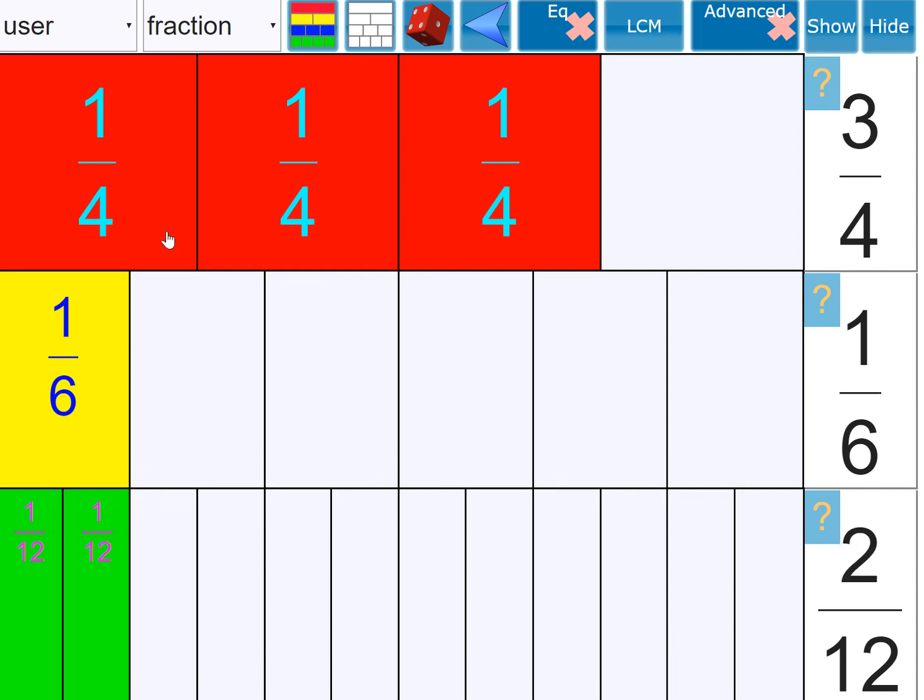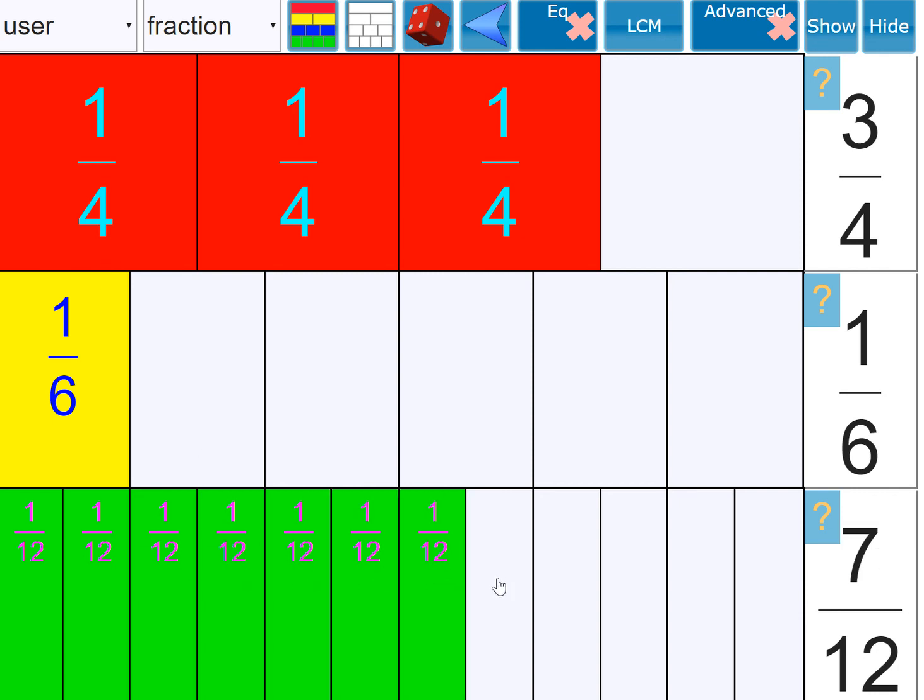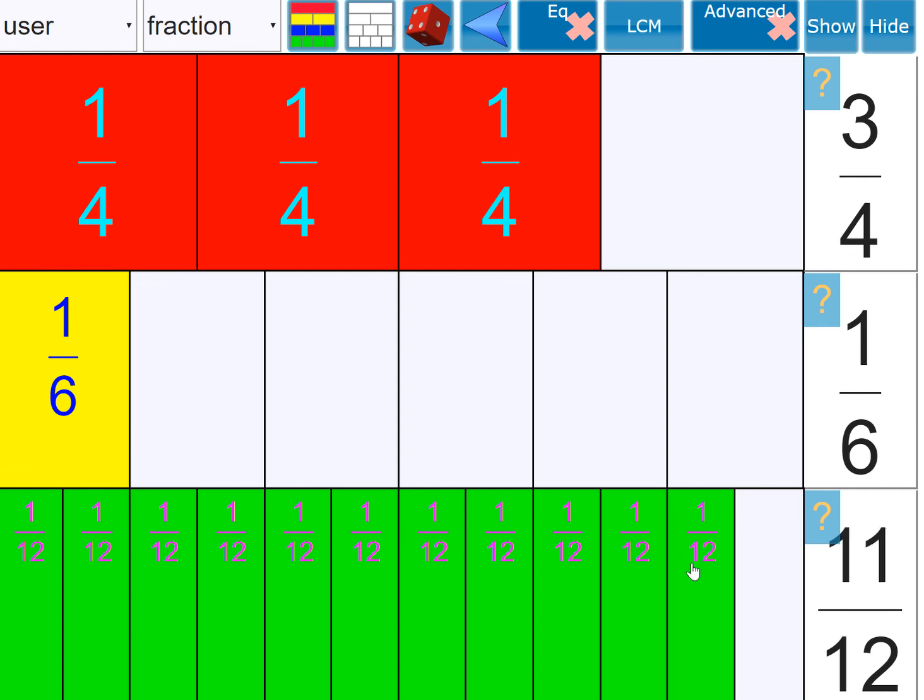And for quarters, 4 times 3 gives me 12, so 3/12 fit into a quarter. So 3/4 is 9/12, and then I need 2 more 12ths for that 6th, and I end up with 11 out of 12.